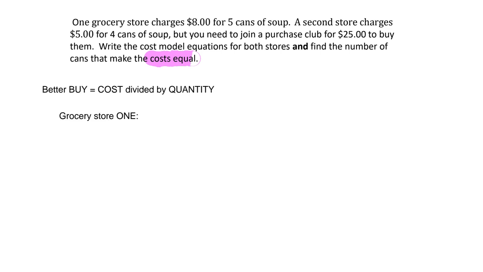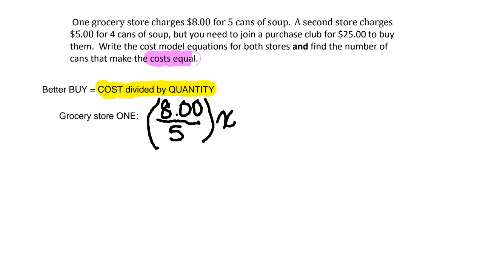This is cost divided by quantity, which means I am taking $8 and dividing it by 5 times x. Well, if I take $8 and divide by 5, I am going to get $1.60 x.